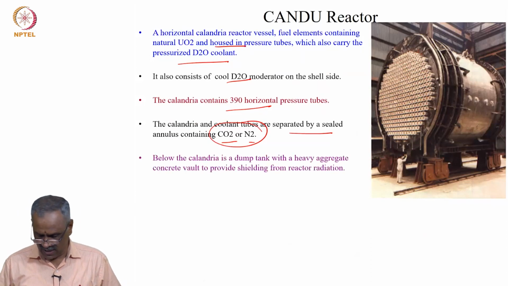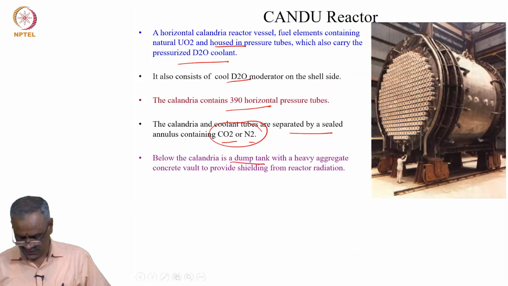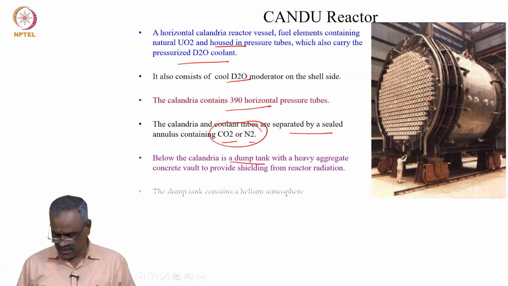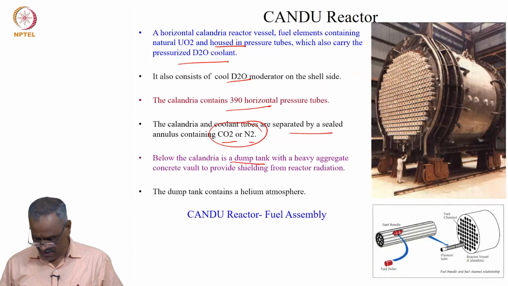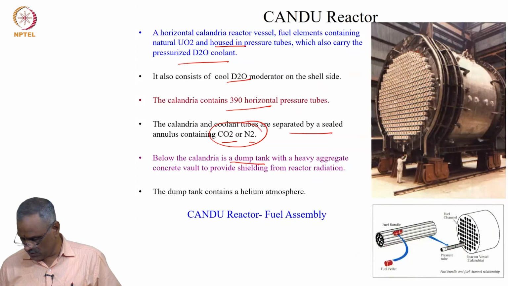The calandria is a dump tank with heavy aggregate concrete. What is the meaning of this? The entire system located in the containment is shielded, and the dump tank contains a helium atmosphere. This is what CANDU reactor fuel looks like.